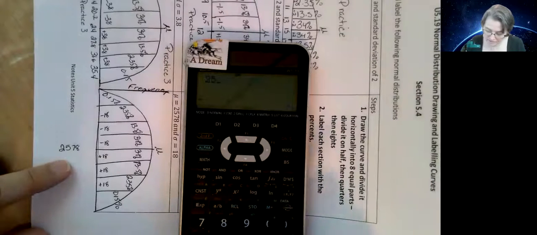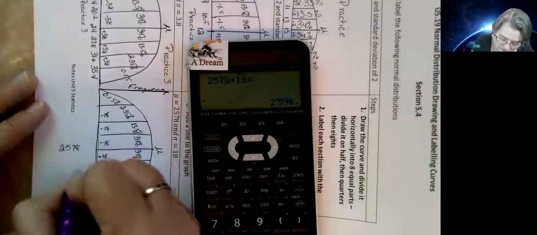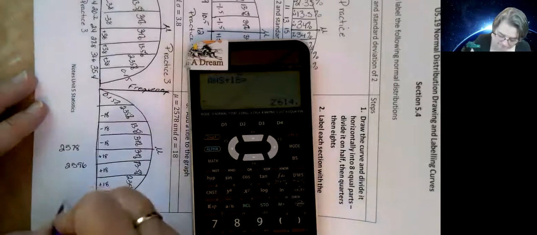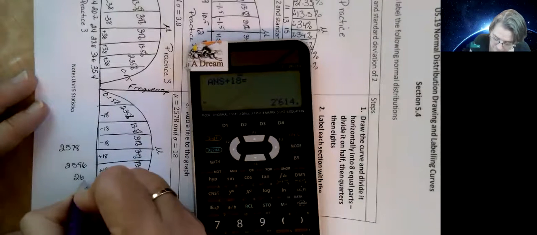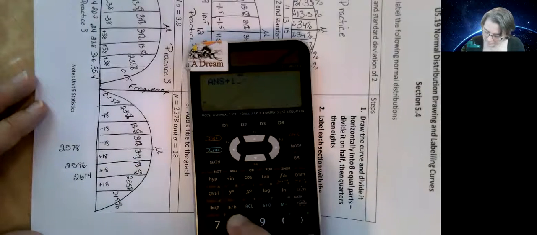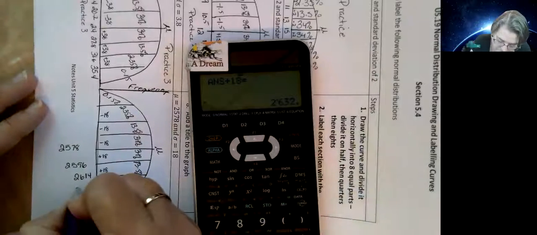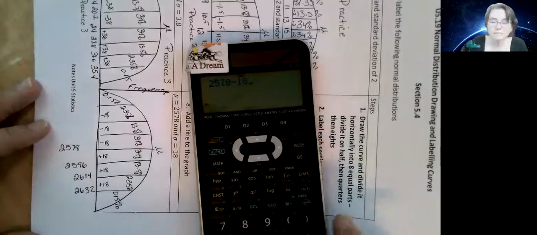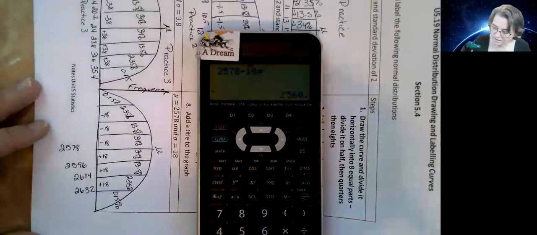So 2578 plus 18, 2596. Now we're going to subtract 18.